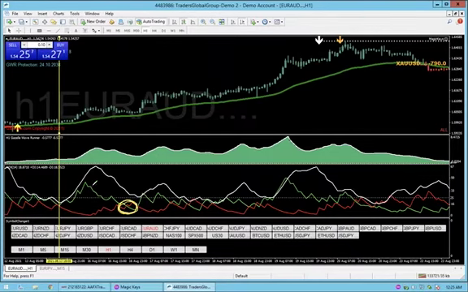The one on top is the predominant direction of the market. So as you can see, this one is vastly above, and as we can see, it continues to be above, okay? Right? So this white line represents strength of trend.